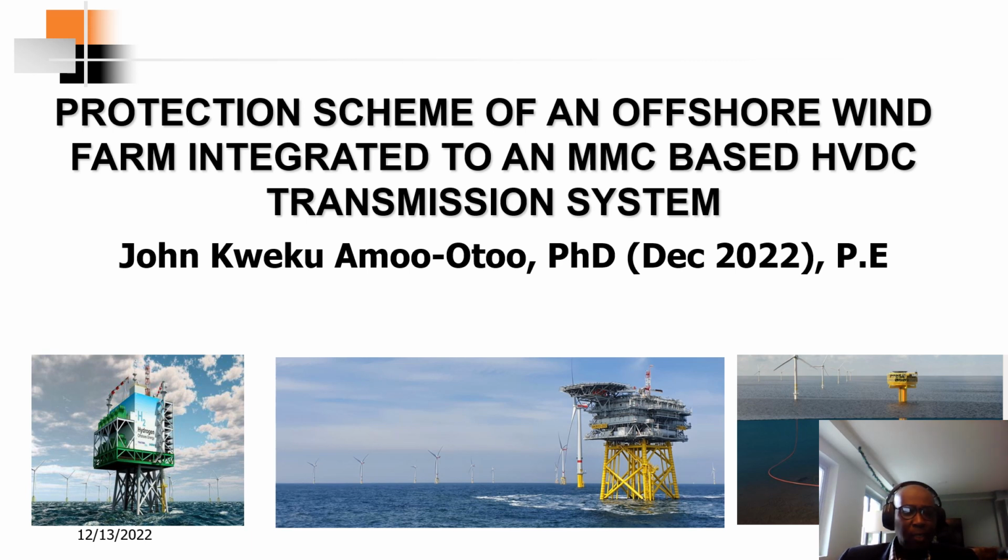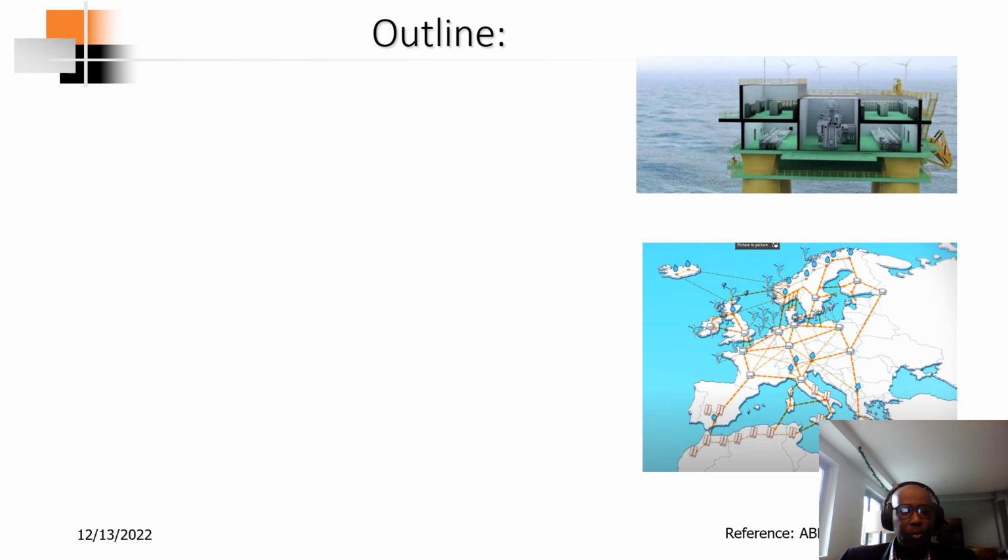Now let's go to the next slide. The next slide basically talks about the outline. First, I'll talk about the introduction, and with the introduction, I'll give a little bit of background about this topic.